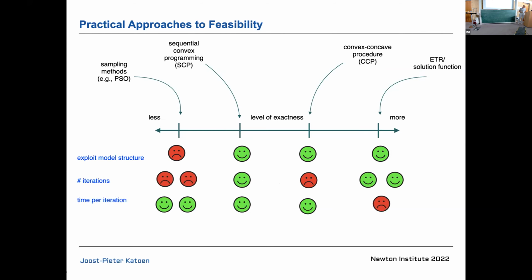And if you look at the time per iteration like this, and at how many parameters and how many states you can solve, here you are at about a handful of parameters. And here you can go up to, well, we saw an example with 12,000. It depends a bit on your model. So it's a good middle ground between, on the one hand side, very fast iteration but inexact, versus the very exact solution that we have seen as ETR.